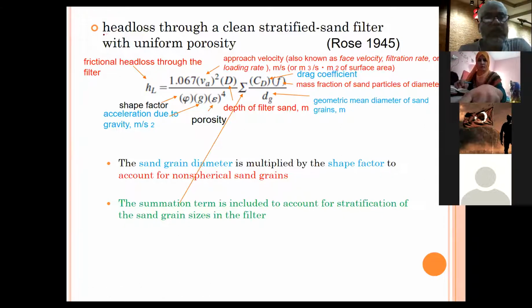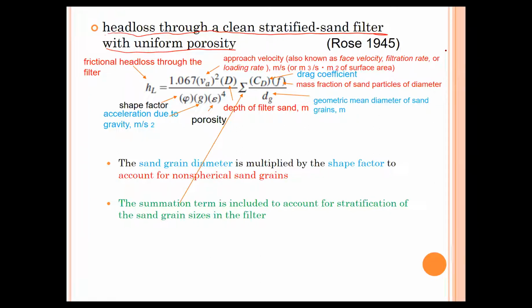It is for calculation of head loss through a clean stratified sand filter with uniform porosity, given here.